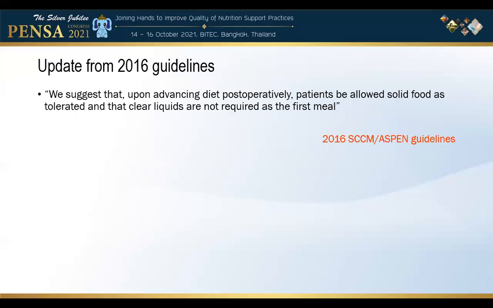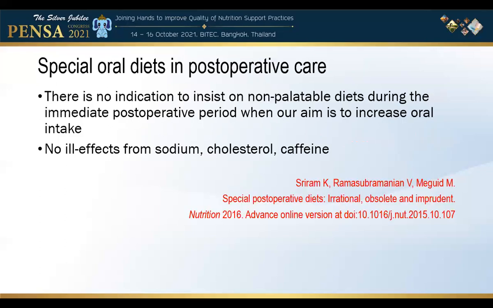The 2016 guidelines also state that we suggest that upon advancing diet postoperatively, patients be allowed solid meals as tolerated. Clear liquids are not always required as a first meal. And here's a paper that I published about the non-palatable special oral diets that are given to postoperative patients, like giving a low-fat diet for post-cardiac surgery patients when you want them to eat more.